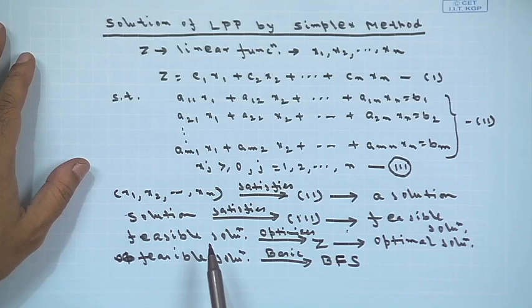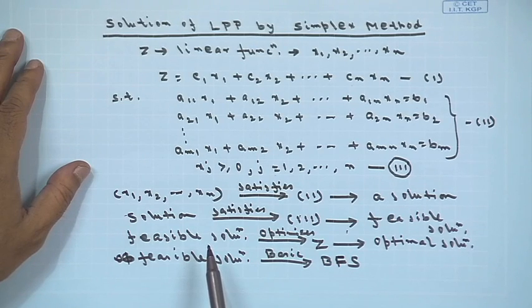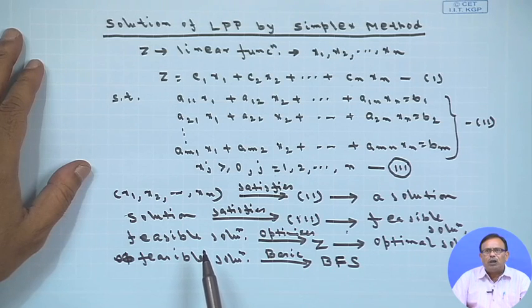You have a problem, that is, you have to either maximize or minimize a function z given by equation 1, subject to satisfying a set of constraints given by 2 and 3. Constraint 3 denotes the non-negativity constraint of the decision variables. A set of n tuples x1, x2, xn which satisfies condition 2 is called a solution.